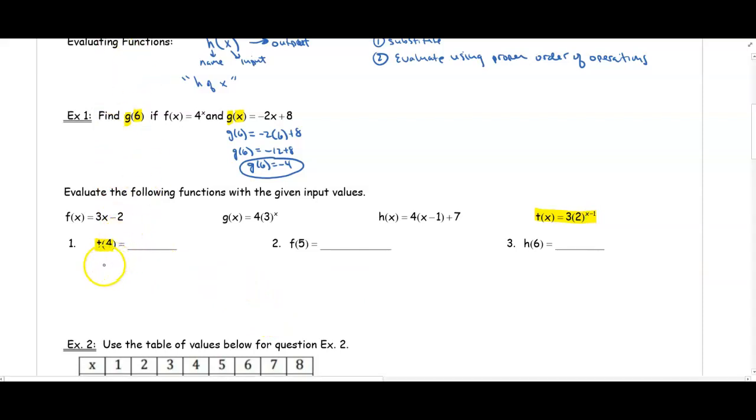So t of 4 is equal to 3 times 2 to the 4 minus 1 power, which would give me 3 times 2 to the third. Doing order of operations, 2 to the third would be 8, and 3 times 8 would be 24. So t of 4 would be 24.